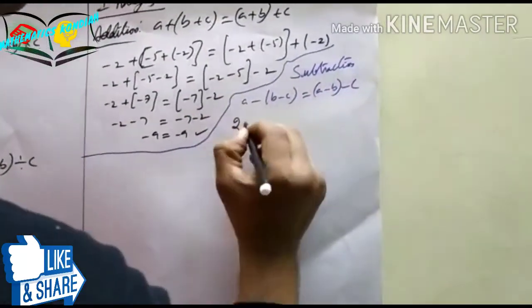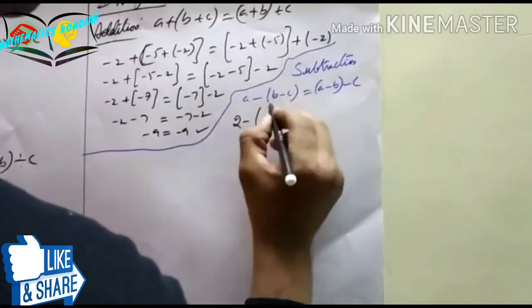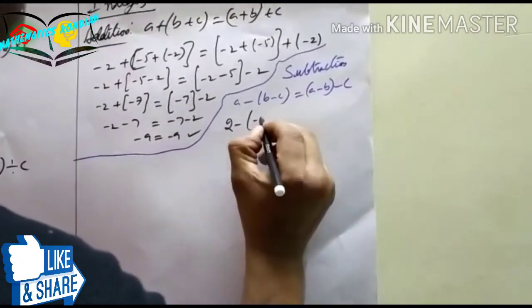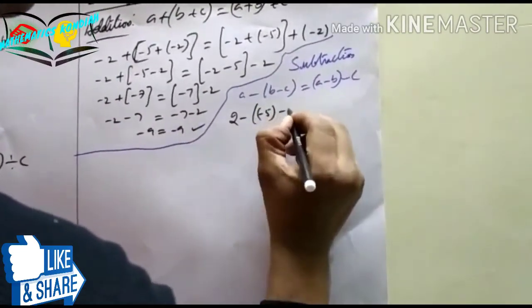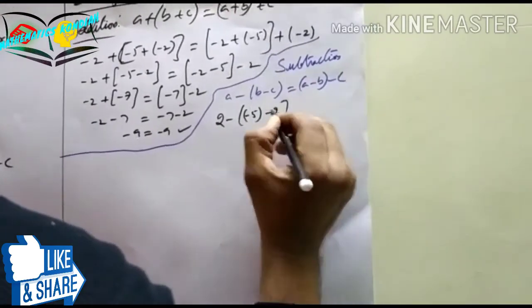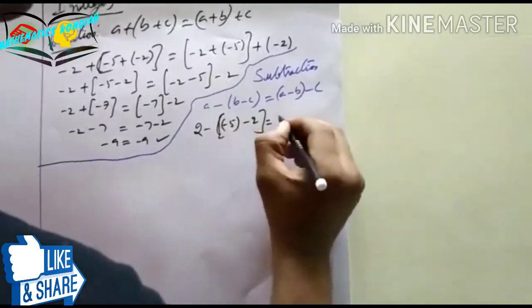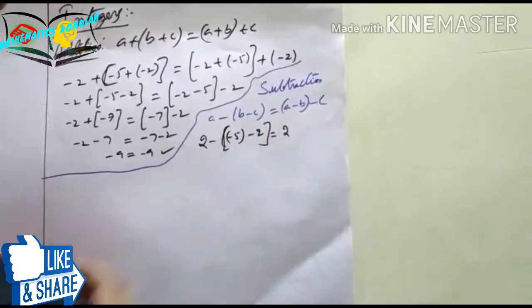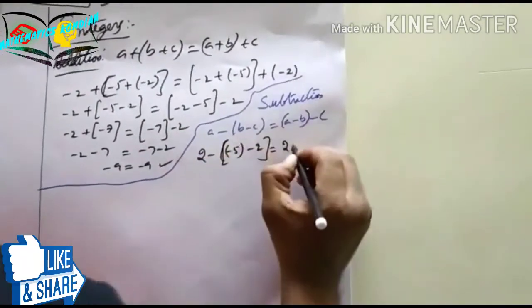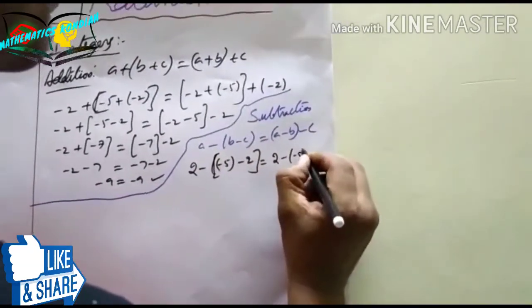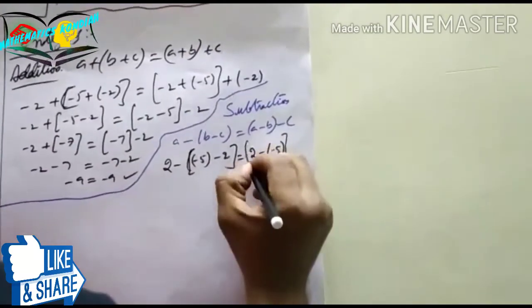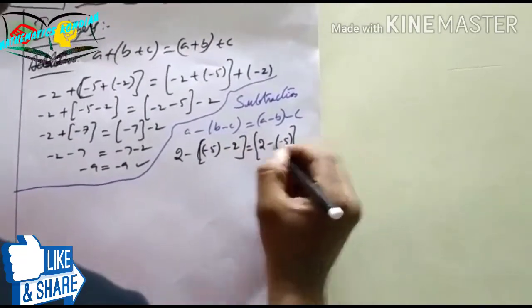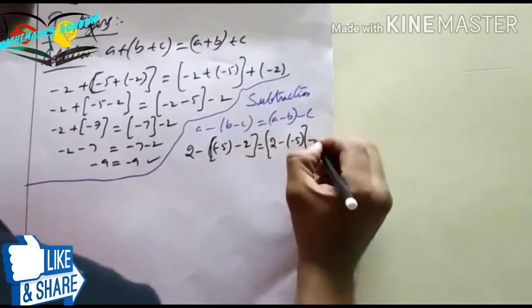For example, (2 - (-5)) - 2 is equal to 2 - ((-5) - 2).